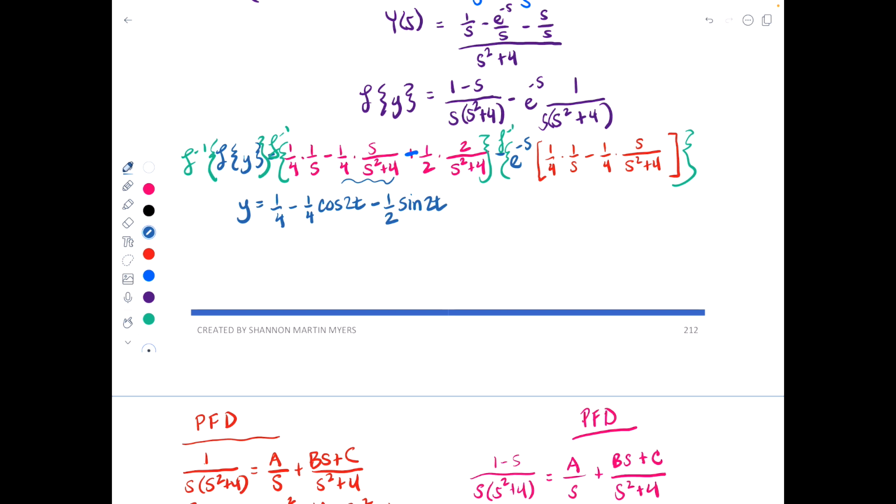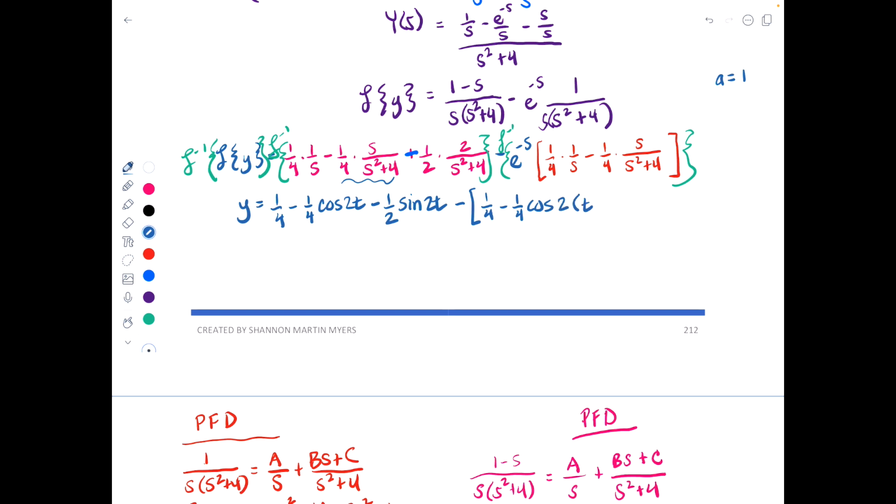This one gets a little bit tricky, so we'll be subtracting. The e to the negative s means that, so this -1 times s means that a is equal to 1, right? So we're going to have quantity 1/4 times 1 minus 1/4 times cosine at 2.